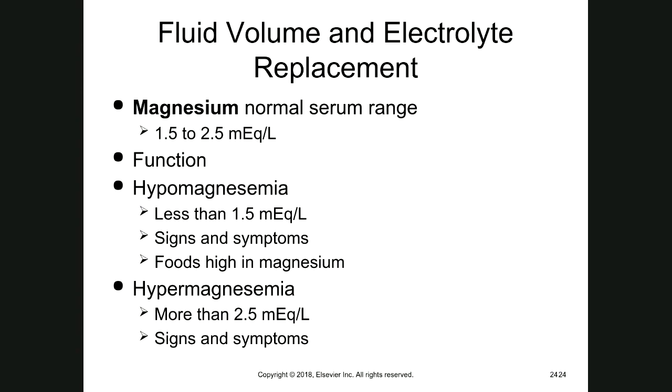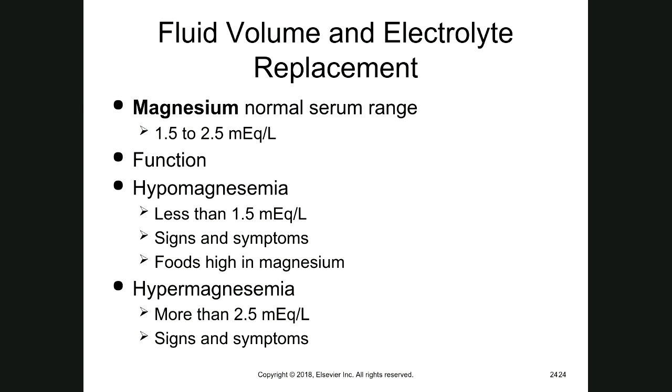And then the hypermagnesemia will have a sedative effect. That's why they give it to patients in preterm labor, or actually patients that are having increased hypertension when they're pregnant.